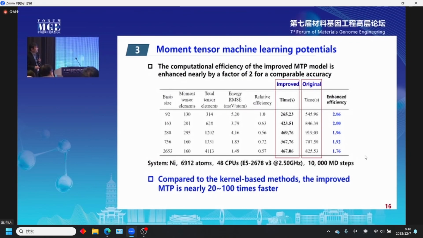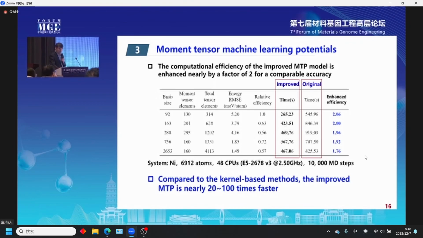If we compare our improved MTP model to the original one, the speed is enhanced by nearly a factor of 2. And if we compare to the kernel-based method used in the VASP code, we improved MTP to be about 20 to 100 times faster, at least compared to our test case.